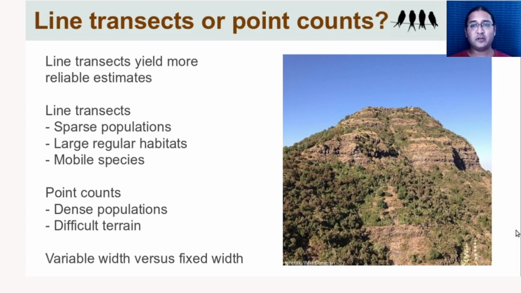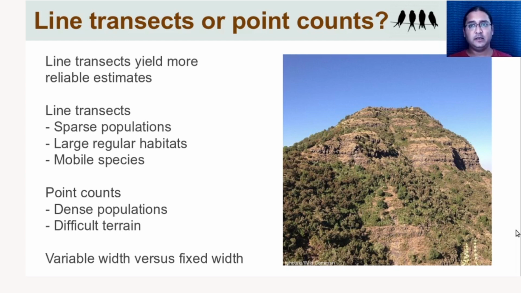And so point counts are used in places where the terrain is difficult, and especially where the populations of the birds themselves are dense, high population sizes or high densities of these birds. And line transects are more used where the bird populations are sparse, the density of the birds is low, and in large regular habitats with mobile species.